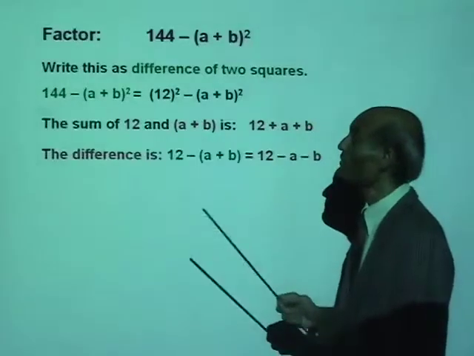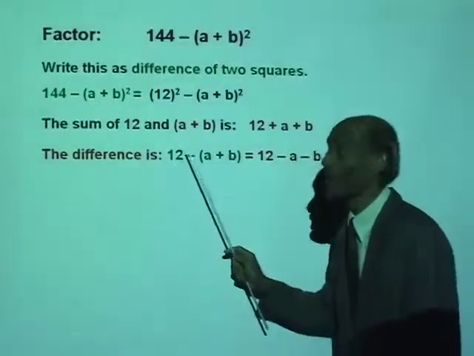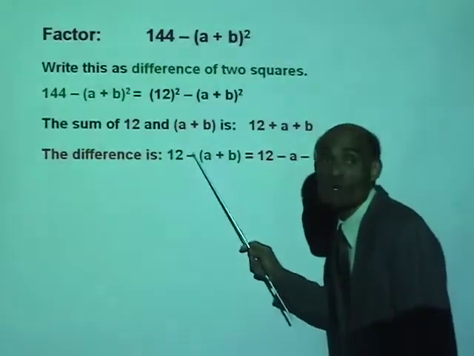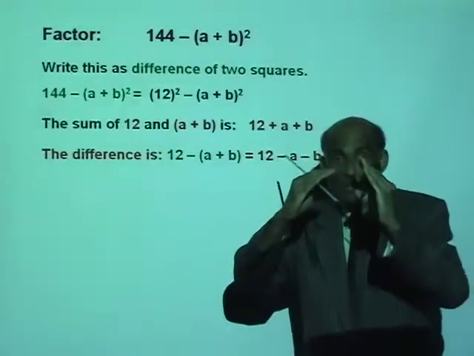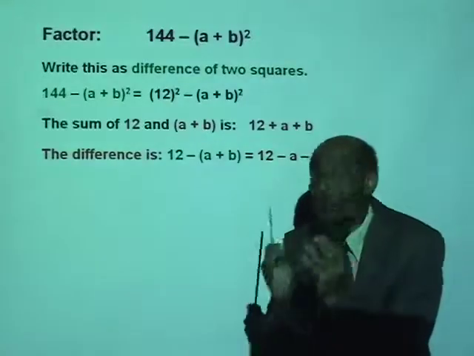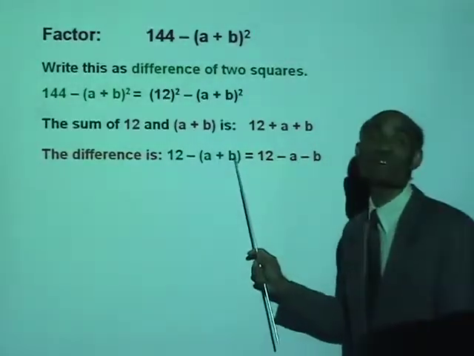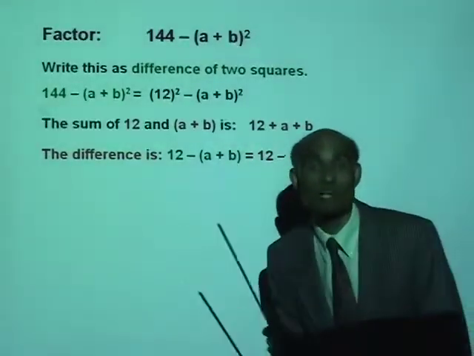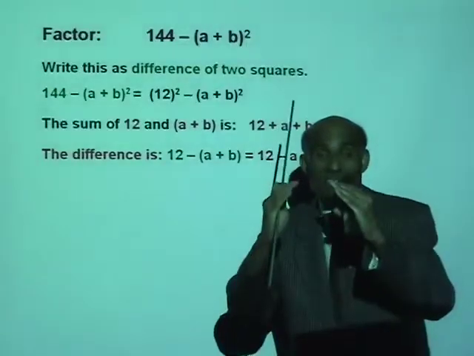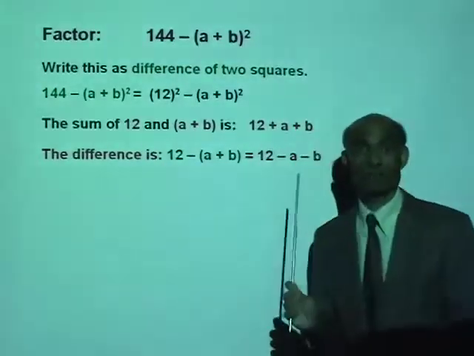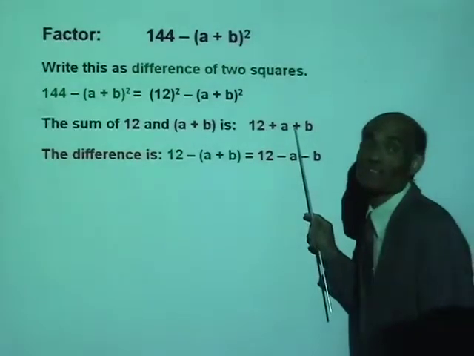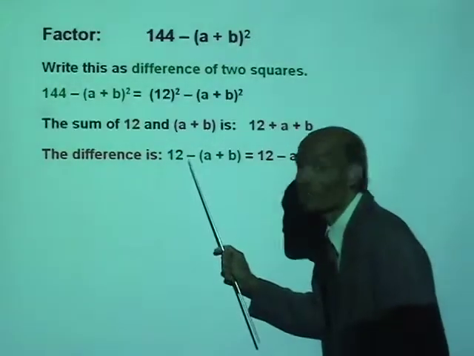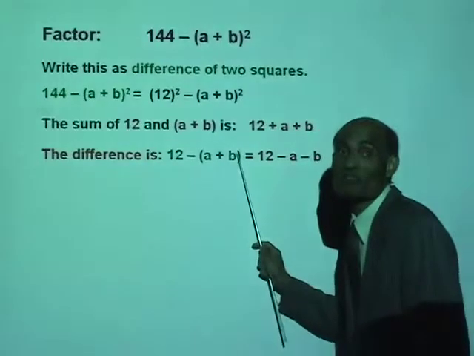The difference is 12 minus the quantity a plus b. You must use that parenthesis because you are subtracting a quantity. You see, there is no need for parenthesis when you add. But when you subtract, you have to have that parenthesis.